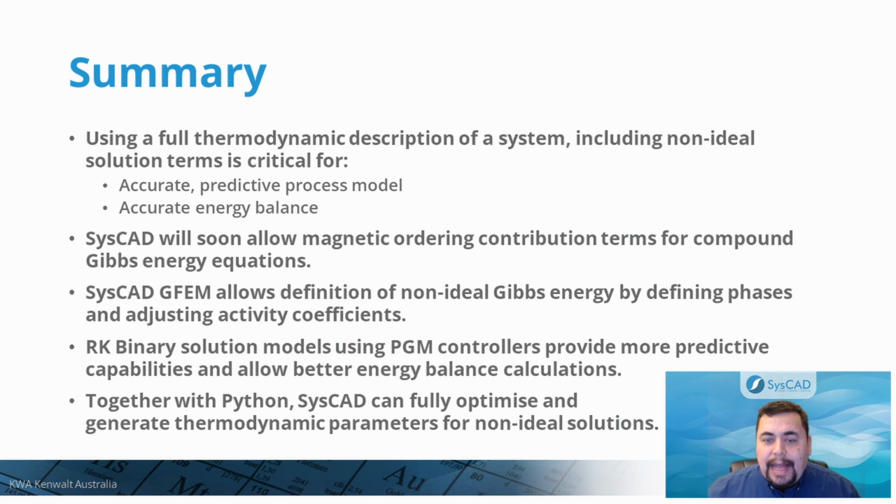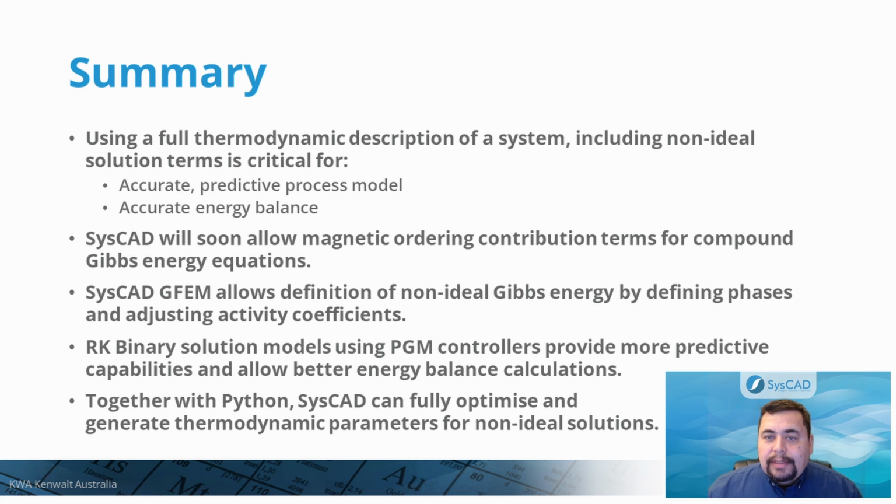As well, accurate energy balance, considering excess heat of mixing, can prevent serious errors in heat balance calculation. As shown in this example, changing from exothermic to endothermic by considering the excess terms for excess Gibbs and heat of mixing.